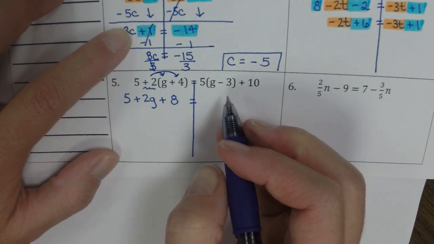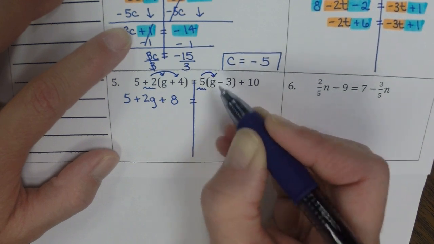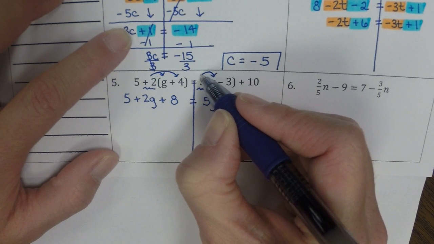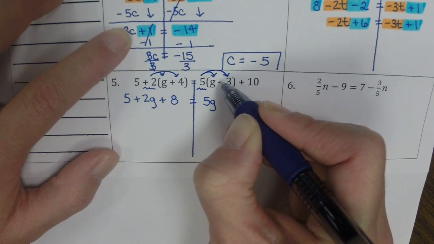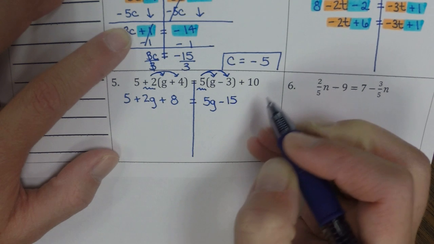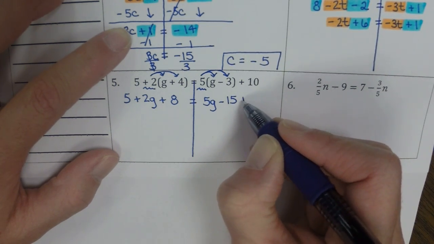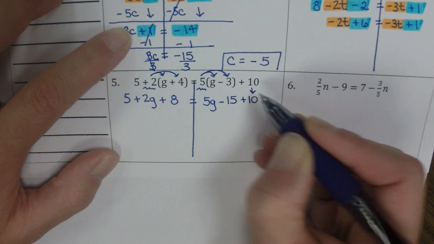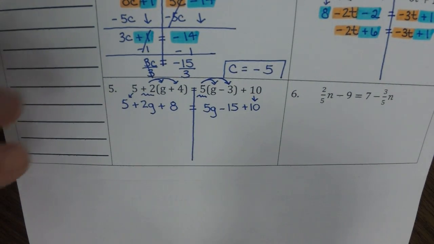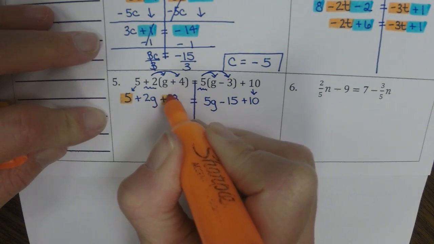And then I have parentheses on this side as well, so I'm going to distribute the 5. So 5 times 1g is 5g. 5 times -3, don't lose these signs, is -15. And then you have plus 10, because I just bring this down. So I'm going to highlight your like terms, and then I want you to see if you can work this one the rest of the way.